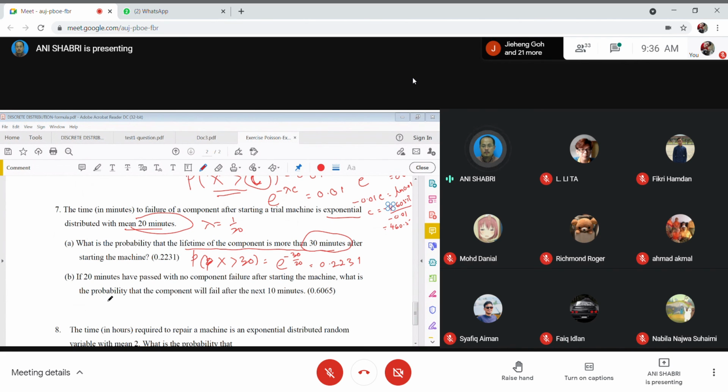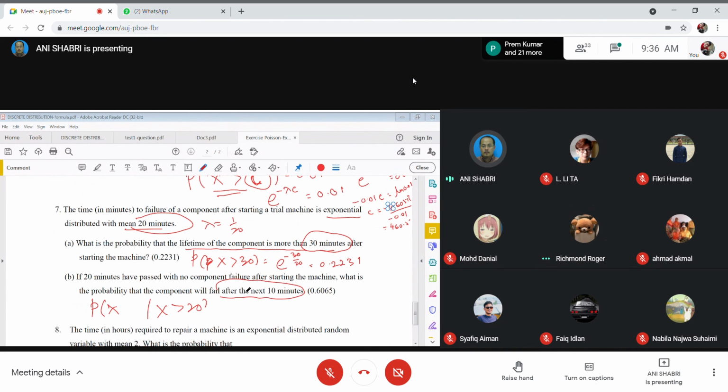Okay, number B. Which event has already occurred? 20, so X greater than 20. For this one, X after the next 10 more minutes, greater than.